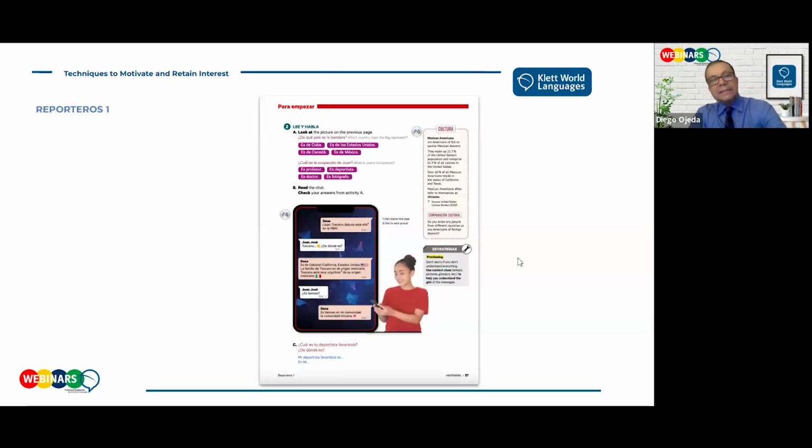And I bring this example from Reporteros Uno, and it's actually the way each one of the lessons opens in the Reporteros series, where the students engage in an exchange via text. So obviously the students connect with this kind of language because this is what they do. But what I like about this is that every lesson opens this way.